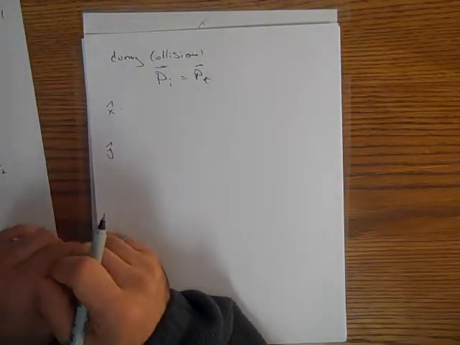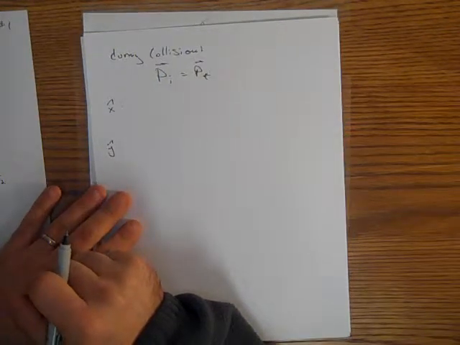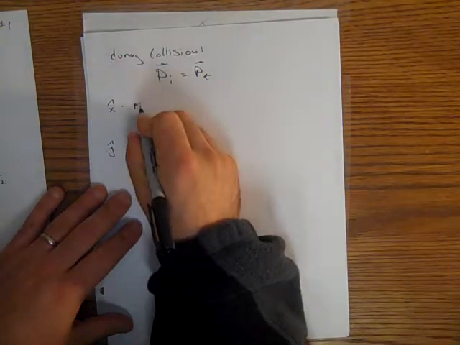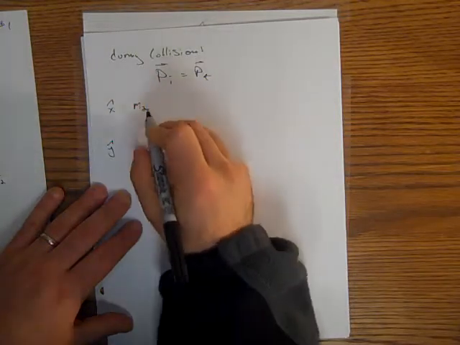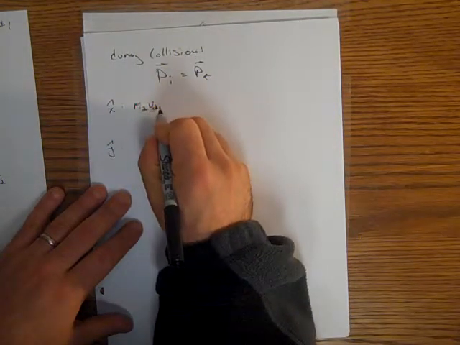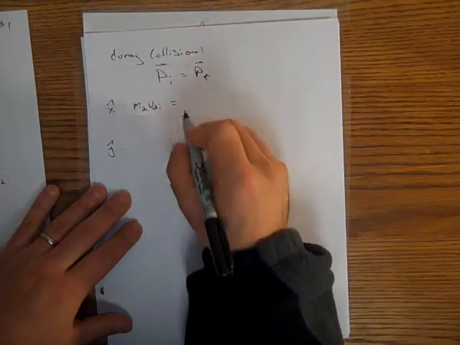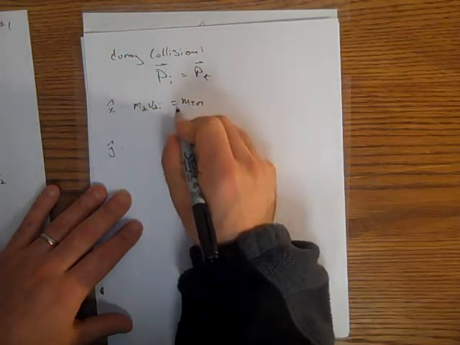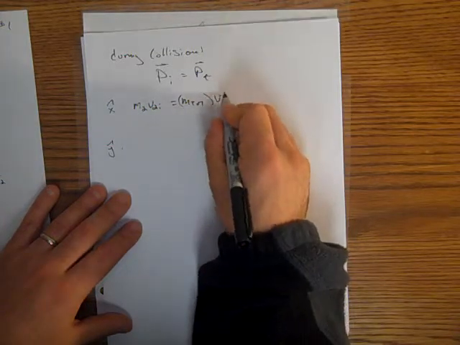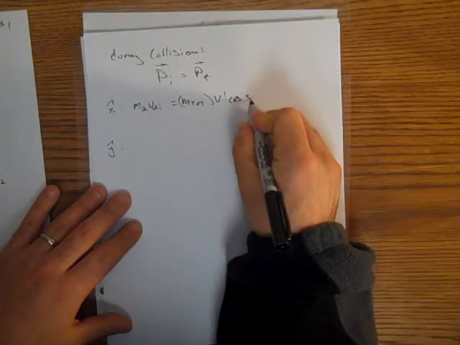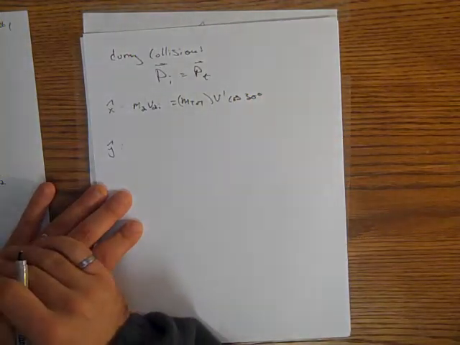Initially, in the x direction, we have car 2, mass 2, v2 initial, and that's equal to mass total times v prime, but the component in the x direction is the cosine of 30 degrees.